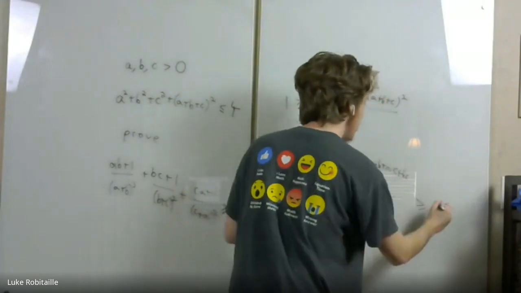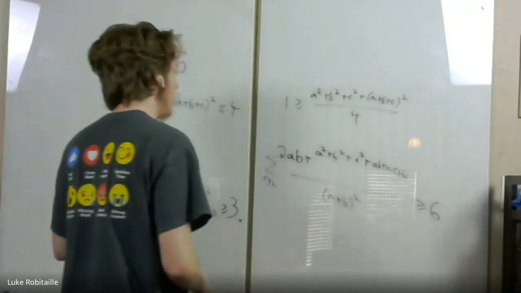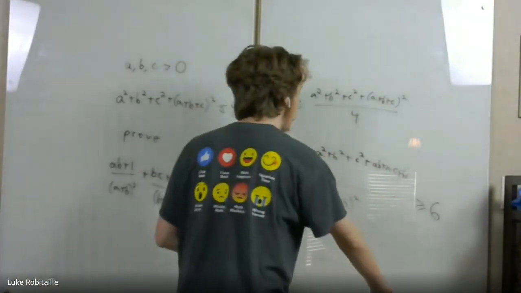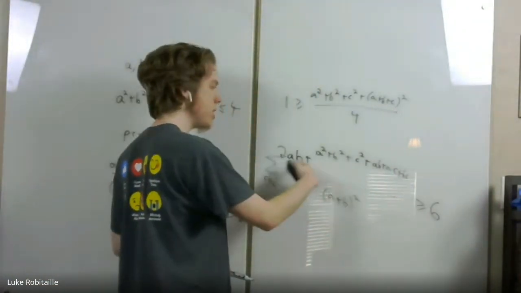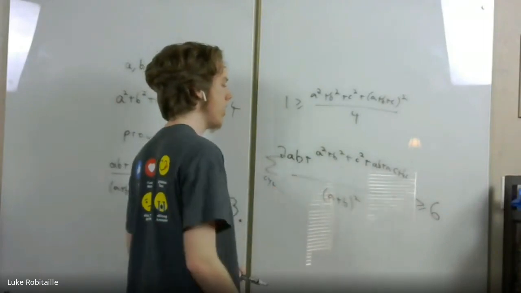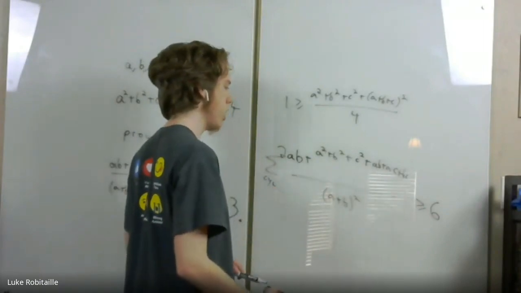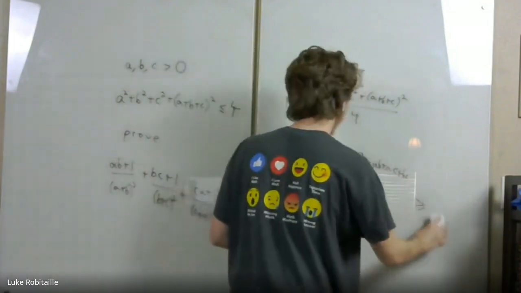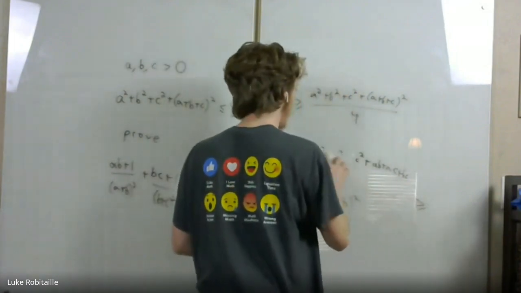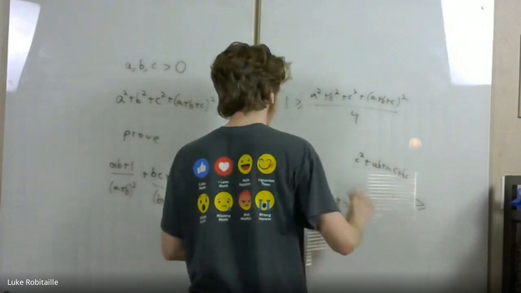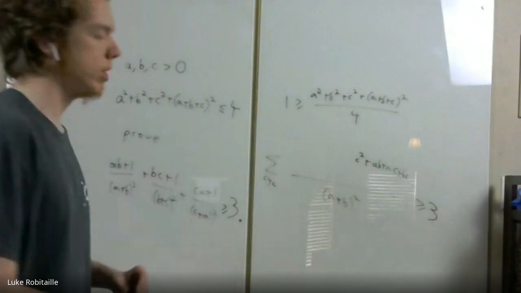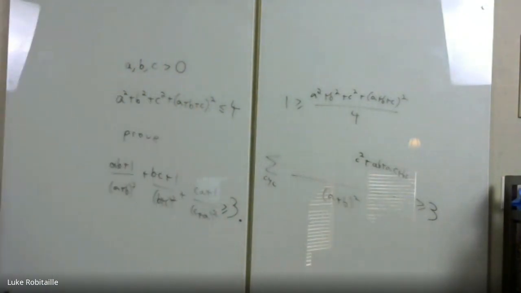The expression we want to prove is this. But now we're almost done because we can just subtract 1 from this term, because 2ab plus a squared plus b squared is just (a plus b) squared. So if we subtract 1 from each of the 3 terms, it's equivalent to proving this. But what's left? c squared plus ab plus ac plus bc.